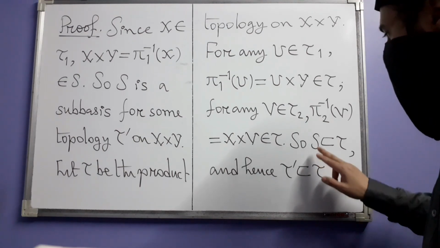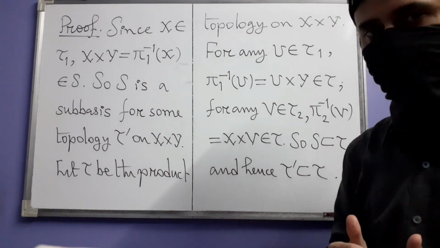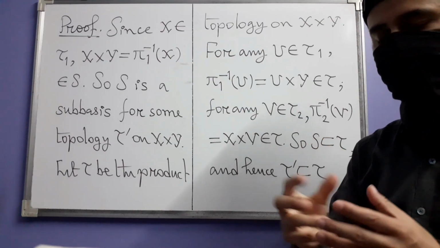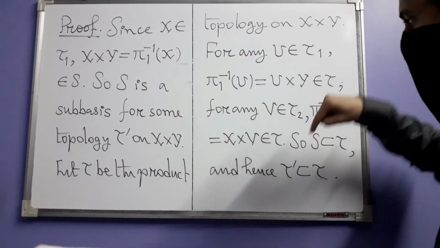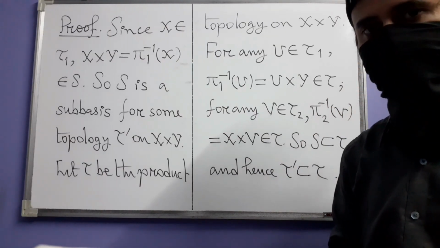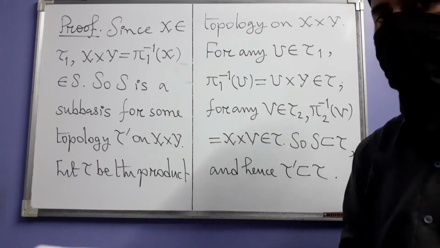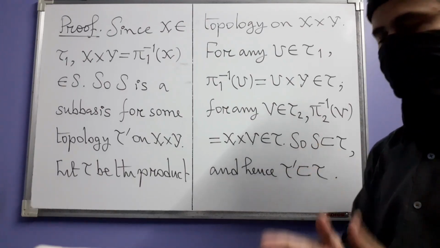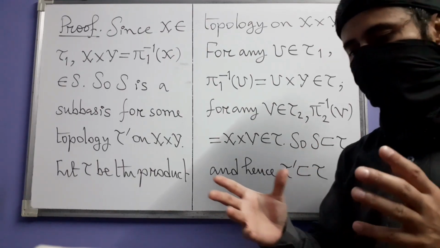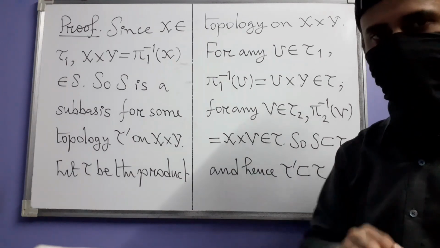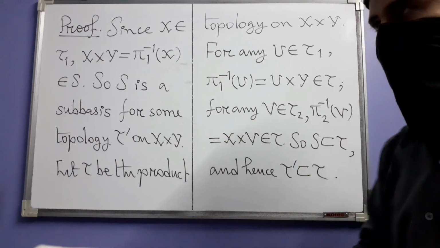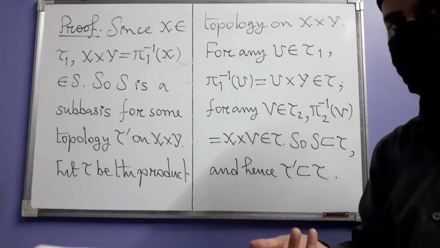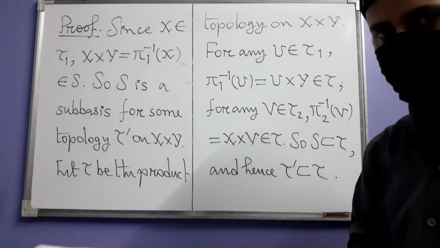Well, that is because since S is inside tau, if you choose any finitely many elements from S and consider their intersection, then that will also belong to tau, because tau is closed under the formation of finite intersections, and that's because it's a topology. And then this other fact is also there, that if you consider any number of such finite intersections and then consider their union, because all such finite intersections are in tau, their union is also in tau, because tau is closed under the formation of arbitrary unions.